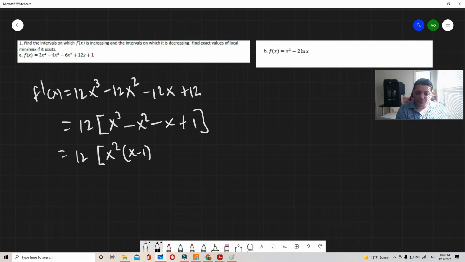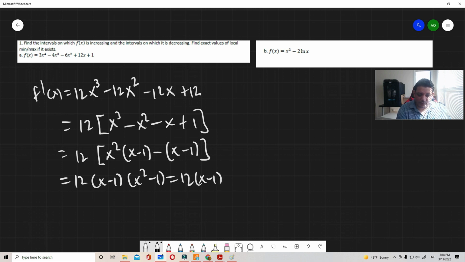And if I factor a minus, notice that I get x minus 1 here as well. So now I get x minus 1 as a common factor, and is x minus 1, and then x squared minus 1. I can actually see this as a difference of squares, and so this is going to be x minus 1, x plus 1, and everything is going to be 12 times x minus 1 squared, times x plus 1.